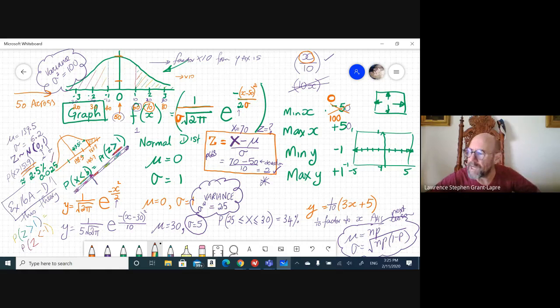Having a score greater than 60 is the same as having a score less than 40. Having a score greater than 147.5 is the same as having a score less than that one there. That's going to be the number for the answer.